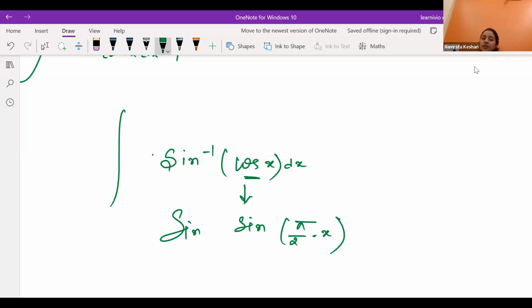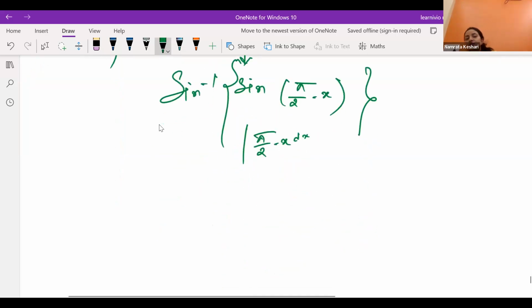What we have to do the integration now? We have to do the integration of only pi by 2 minus x, right? Yes. And it became very simple. Okay, let's proceed.